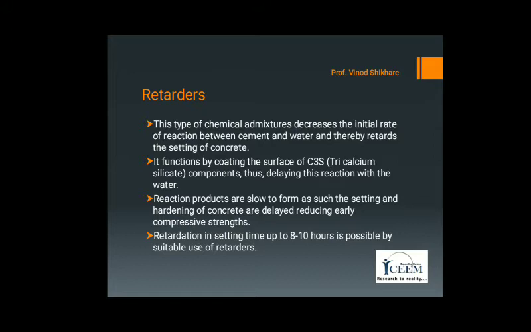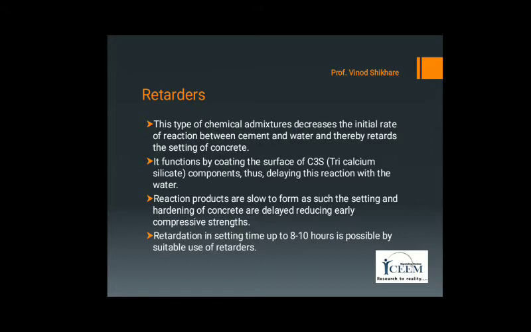Unless experience has been had with a retarder, its use as an admixture should not be attempted without technical advice. Any mistake made in this respect may have disastrous consequences.